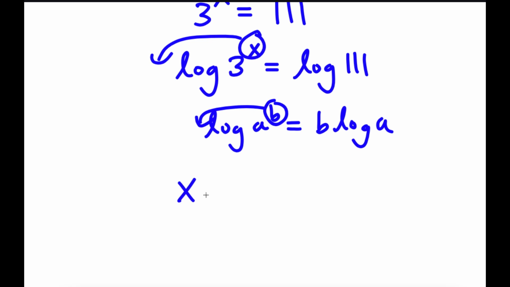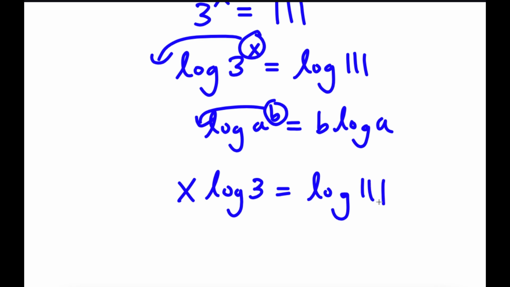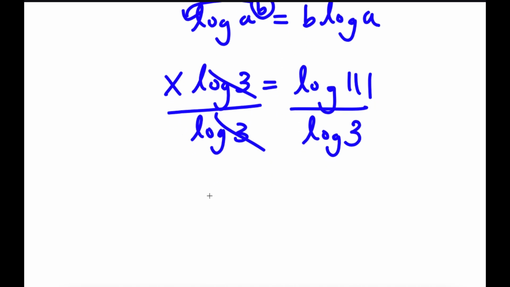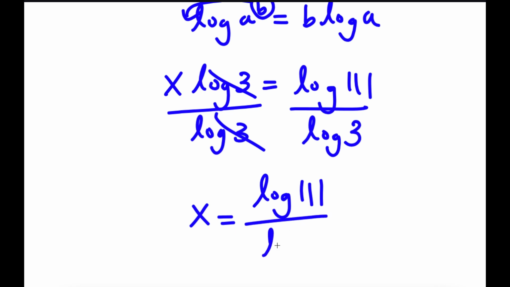So now I have x times log 3 = log 111. Now if I divide both sides by log 3, these two cancel out, and now I have x = log 111 / log 3.